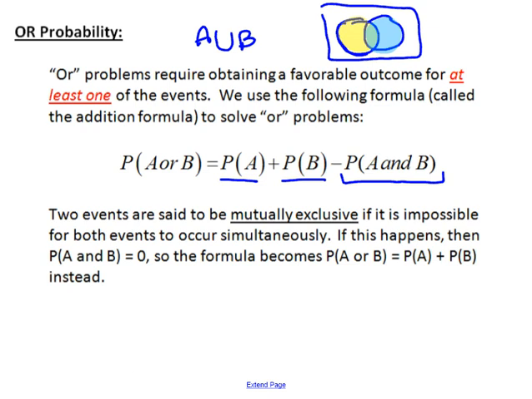That would be impossible. You can't draw a card that has both the number 3 and the number 5 on it. Okay, so anyways, if you have two events that are mutually exclusive, then probability of A or B just becomes probability of A plus probability of B. And the reason for that is because the overlap would be 0.